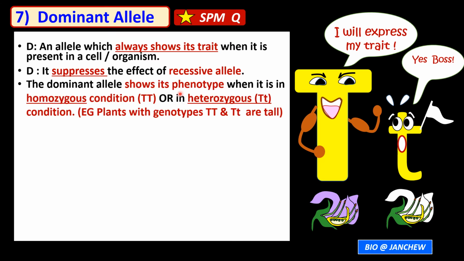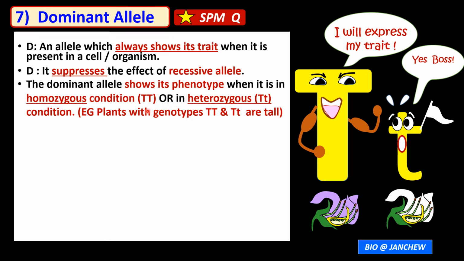So the dominant allele shows its phenotype or its trait when it is in the homozygous condition, for example big T, big T, or in the heterozygous condition, for example the genotype big T, small t. If you take the example of Mendel's experiment in the first video, big T stands for the allele for tall stem, and small t is the allele for dwarf stem.